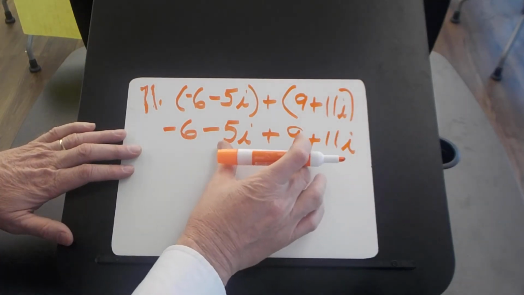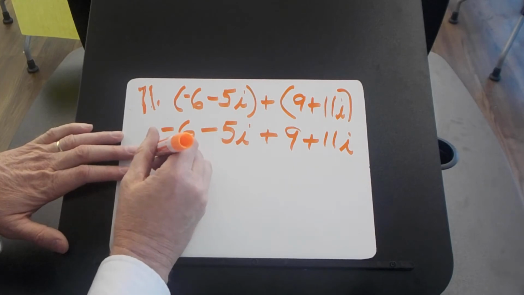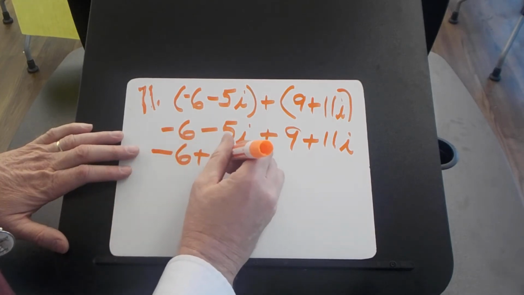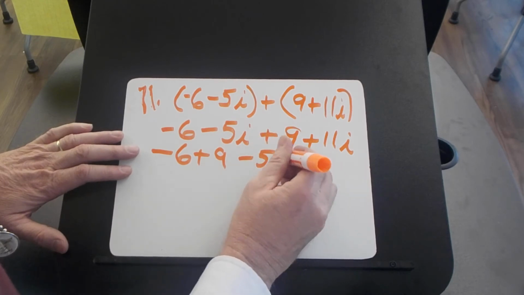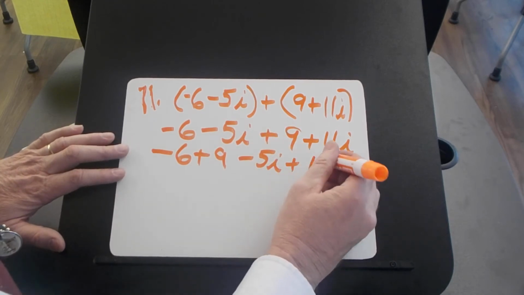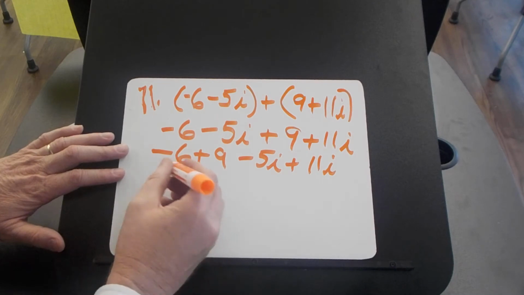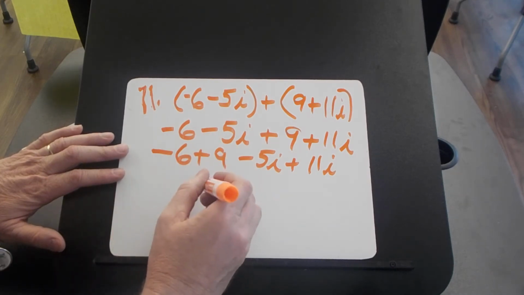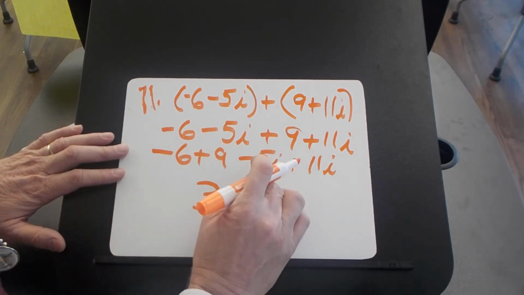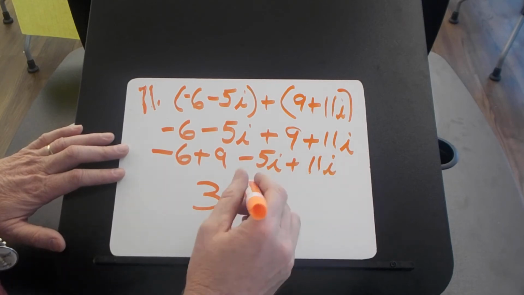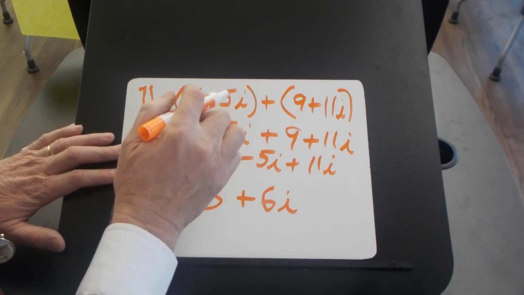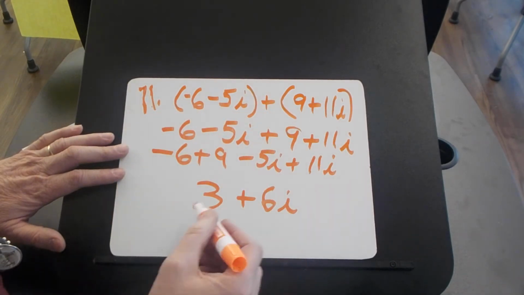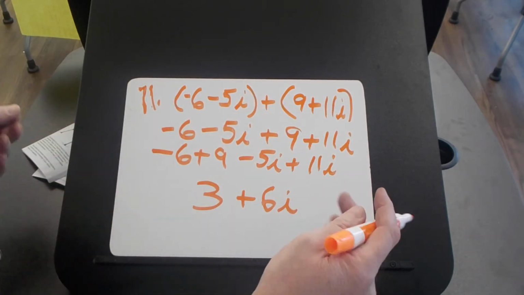And I'm going to switch these two around and have negative 6 plus 9, put the real parts together, and then write the minus 5i, which I can treat as negative 5i plus 11i. And the real part, negative 6 plus 9 is 3. Negative 5i plus 11i is positive 6i. So negative 6 minus 5i plus 9 plus 11i is 3 plus 6i.